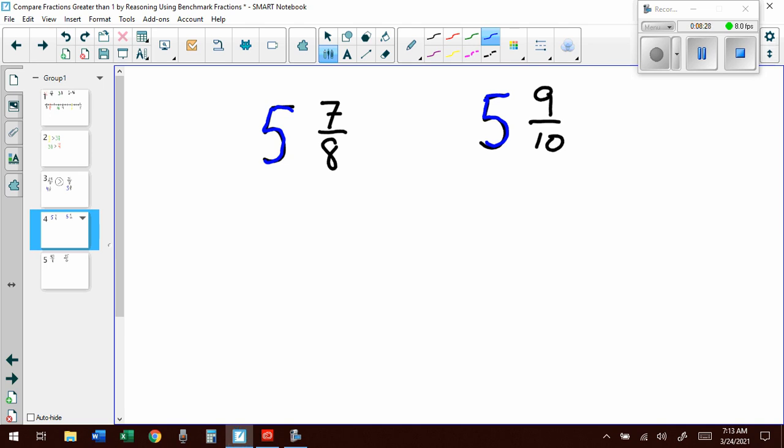I notice that they are both less than 1 whole, and I notice that they are both 1 away from being 1 whole. And if you think back to a lesson about the size of fraction pieces, 8 and 10.